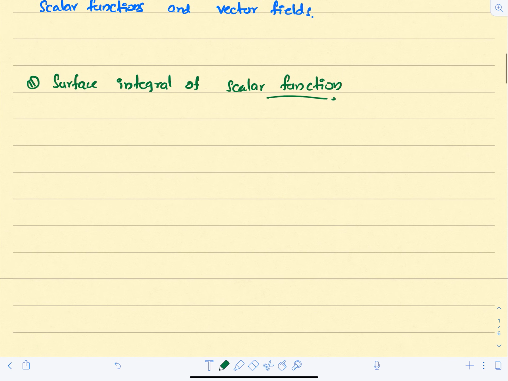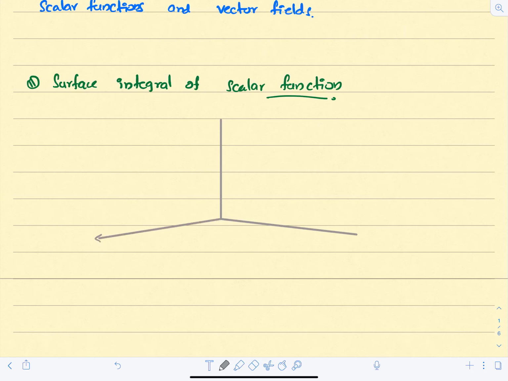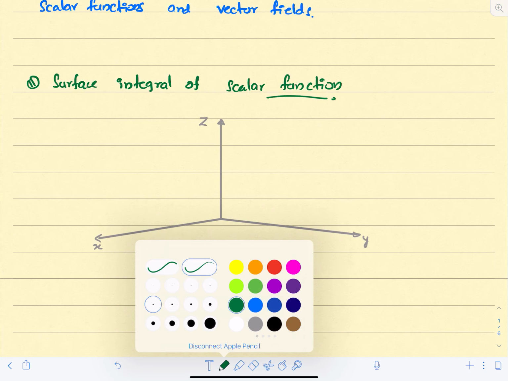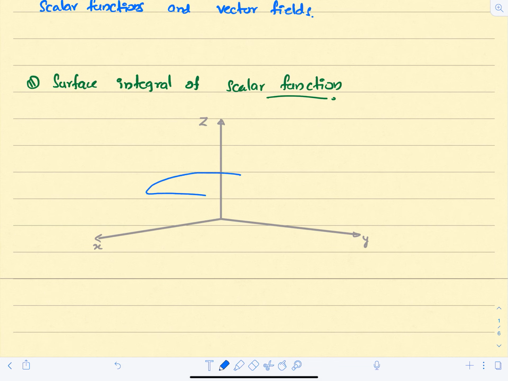Let me draw a picture. So we have the x, y, and z axes. Now here we have a surface S, like this, big S. Let's say the equation of this surface is z equals f of x comma y.